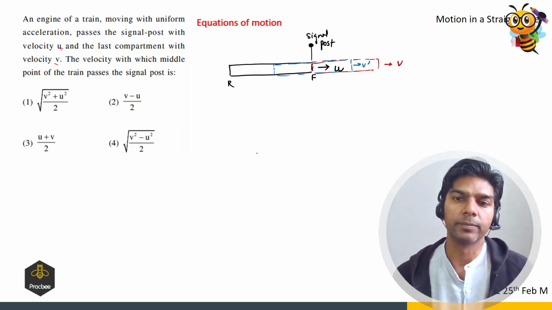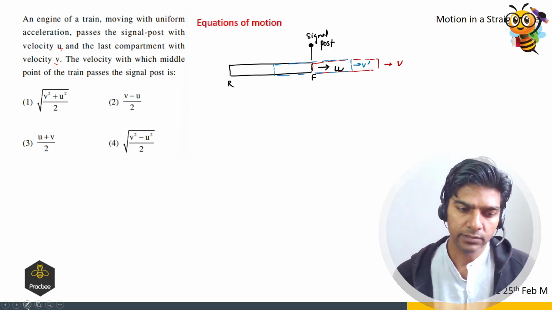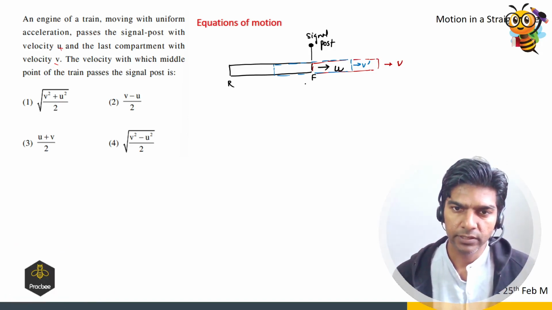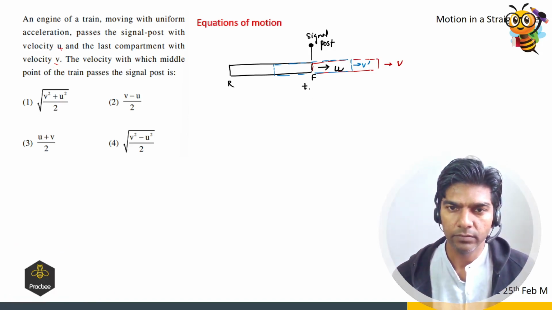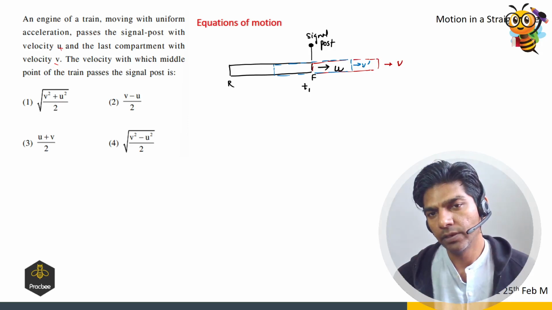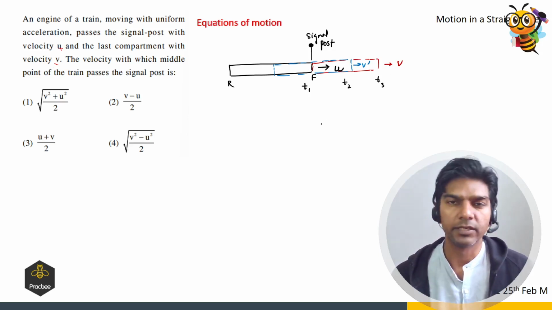When the middle passes the signal post, we have to find this velocity. Let us call this v prime. So I'm calling these 3 instants: let us say the first instant is t1, the second instant when the middle crosses the signal post is t2, and when the rear crosses the signal post, that instant is t3.